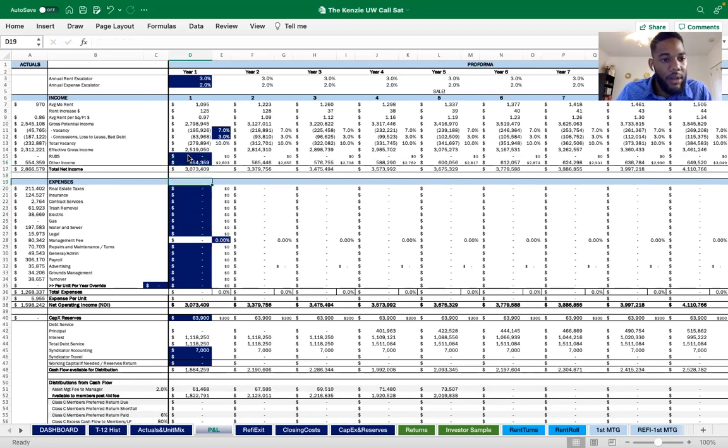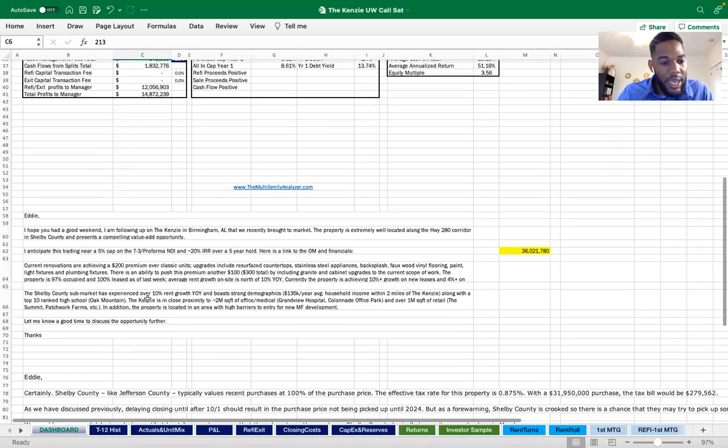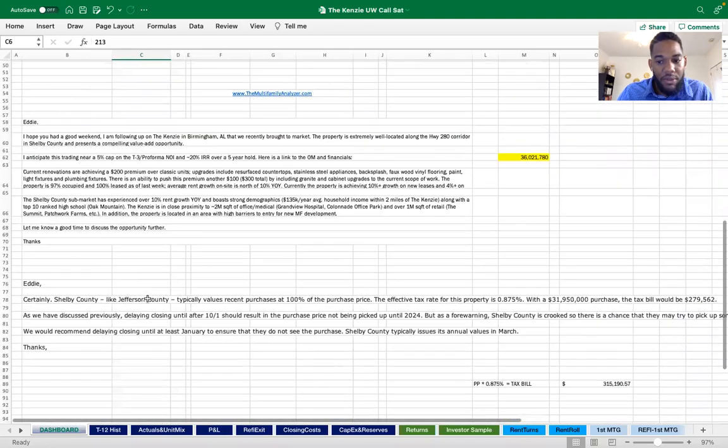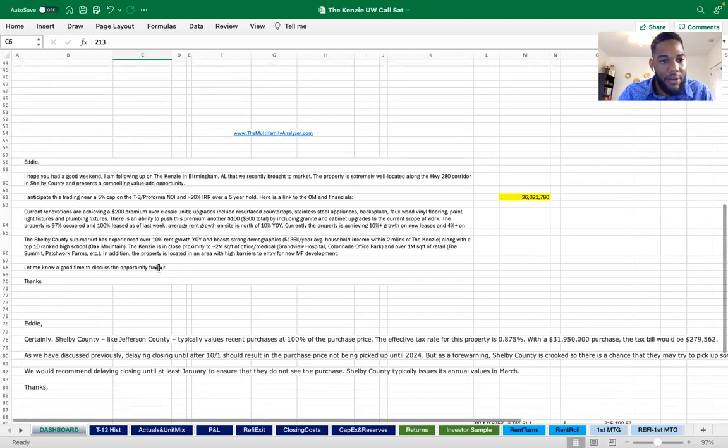All right. Okay. So real estate taxes. I did some research on this property, and I got some feedback from the broker, and here's feedback from our tax guy. The brokers are anticipating this property to trade at a 5 cap on T3 income and pro forma NOI over a 5-year hold.